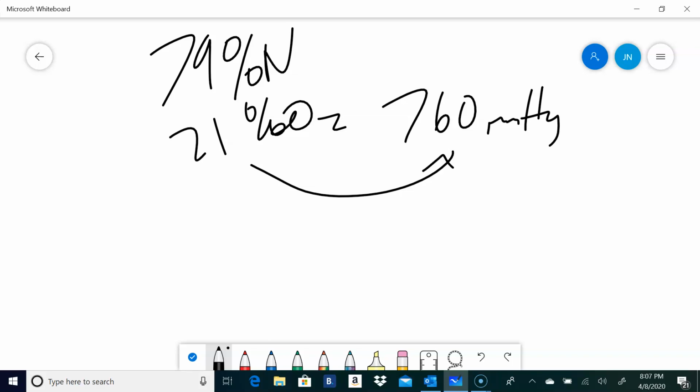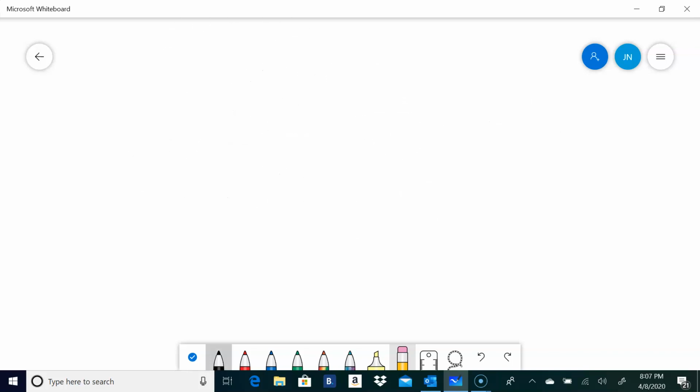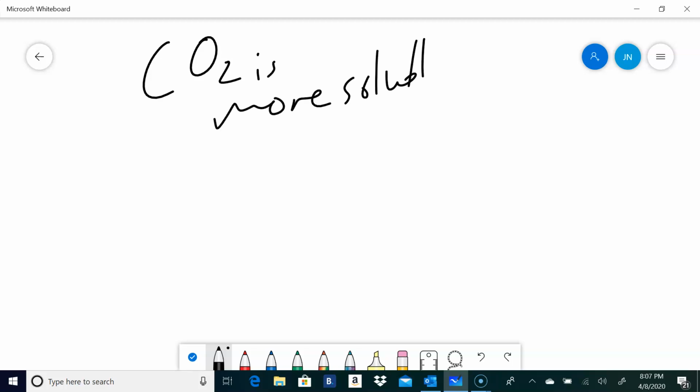And gases move with the pressure gradient. You need to know that carbon dioxide is more soluble than oxygen. So the partial pressure gradient for carbon dioxide isn't as high as it is for oxygen, even though they diffuse in equal amounts.